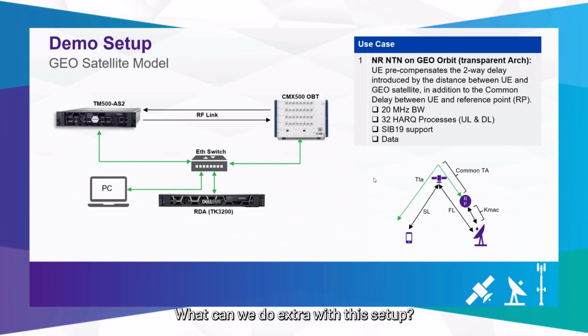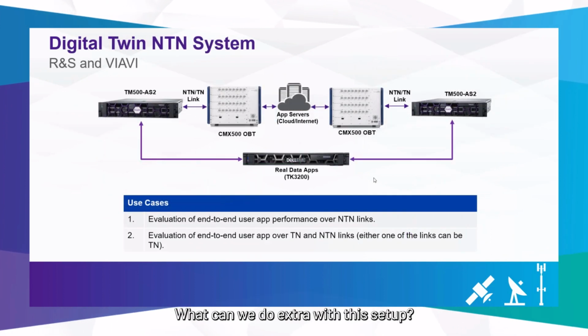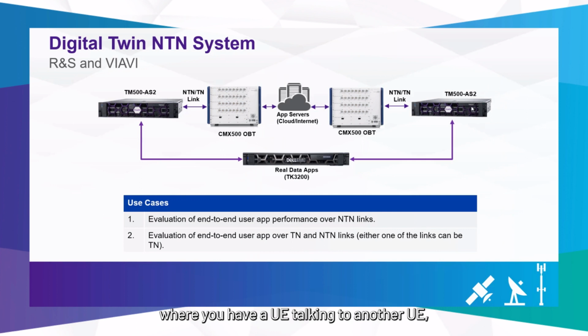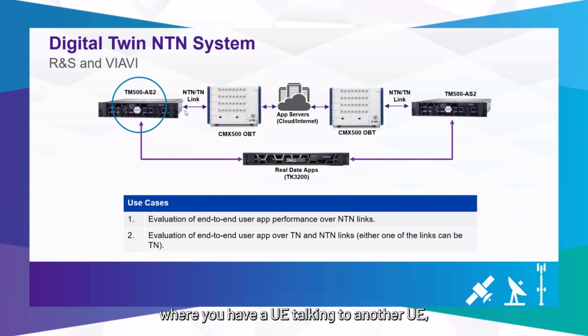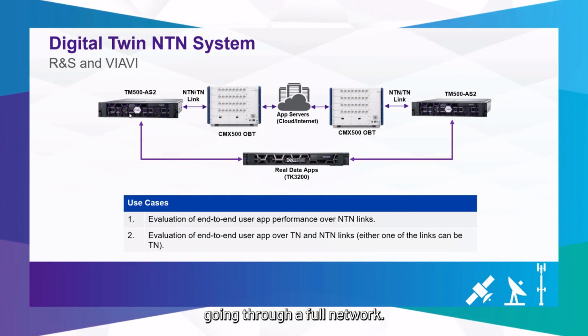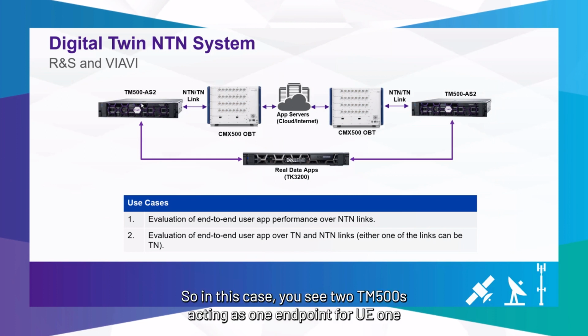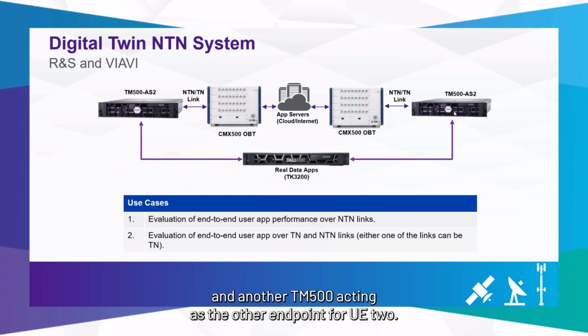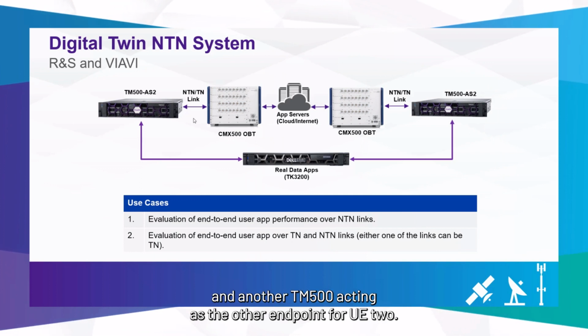What can we do extra with this setup? We can set up a proper digital twin end-to-end system where you have a UE talking to another UE going through a full network. So in this case, you see two TM500s acting as one endpoint for UE1 and another TM500 acting as the other endpoint for UE2.